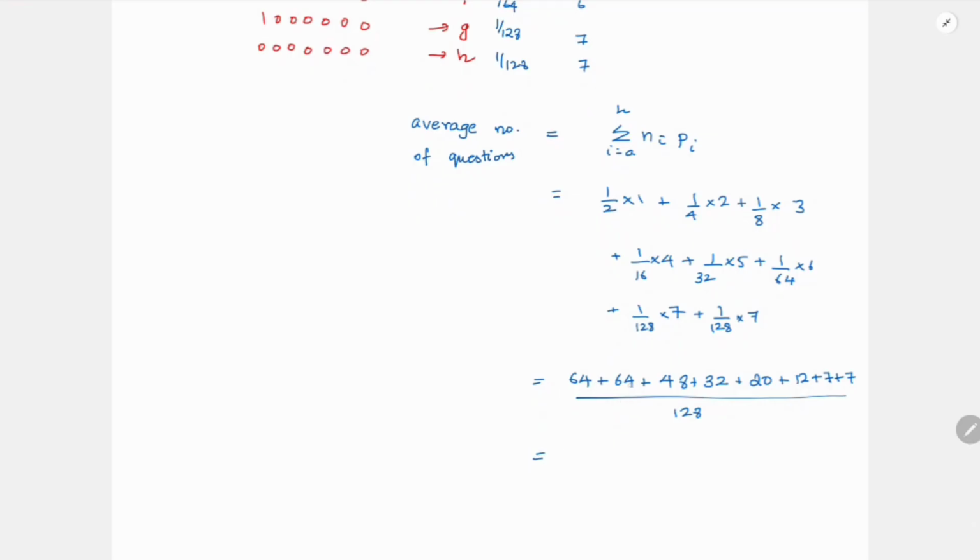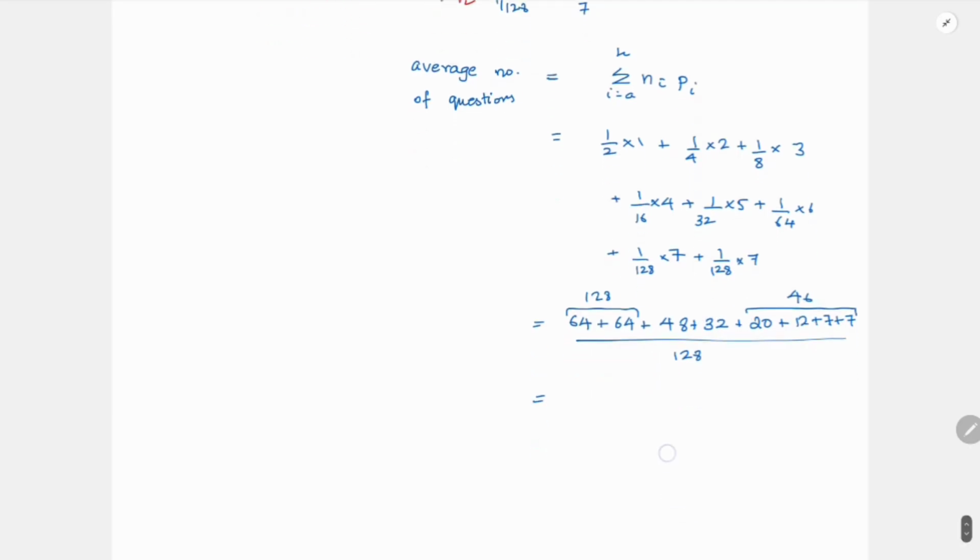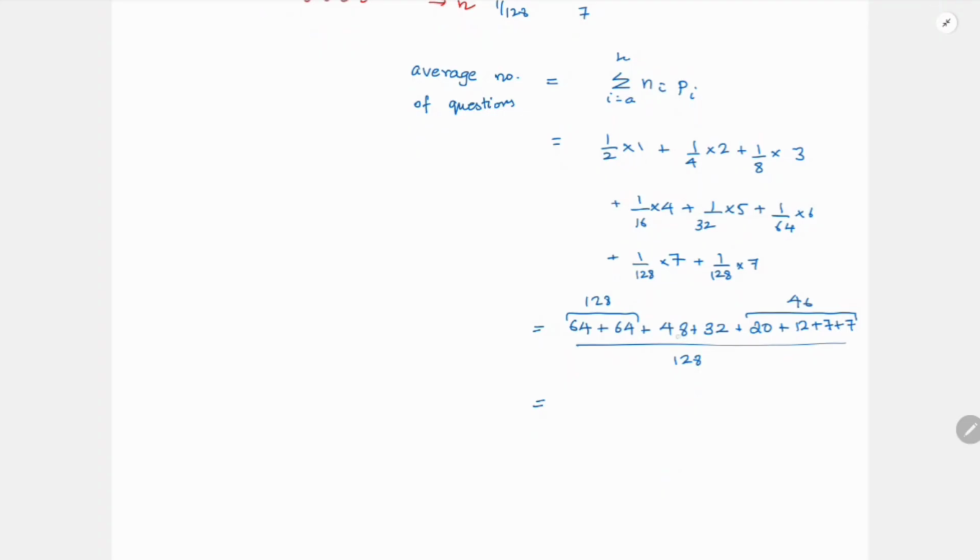And if we add it up, it is 128 plus 126 by 128.